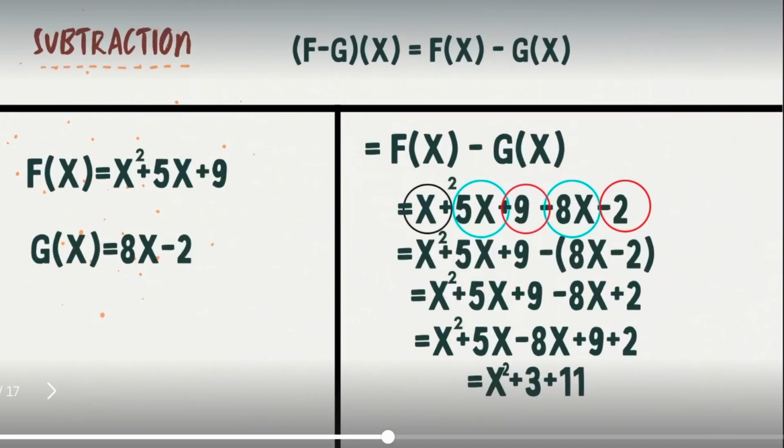Now we just have to do what we did earlier, but right now we are going to subtract, or use the minus sign. The given equation is f of x minus g of x. So f of x is equal to x squared plus 5x plus 9, and g of x is equal to 8x minus 2.